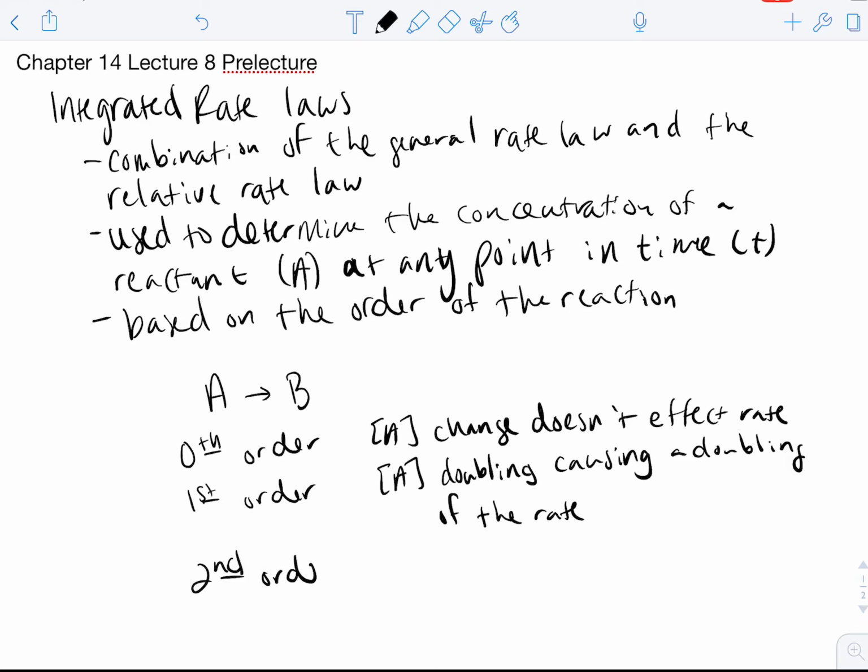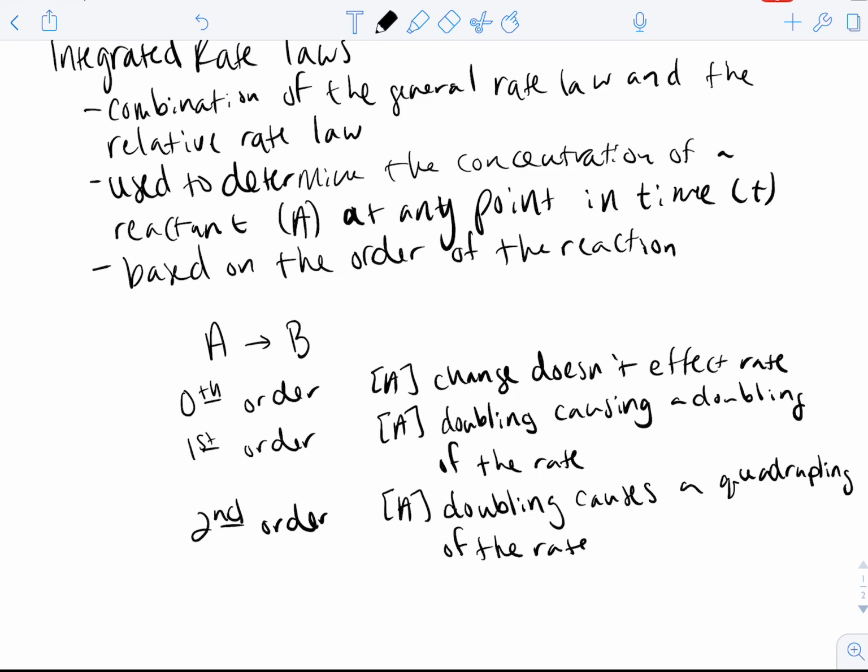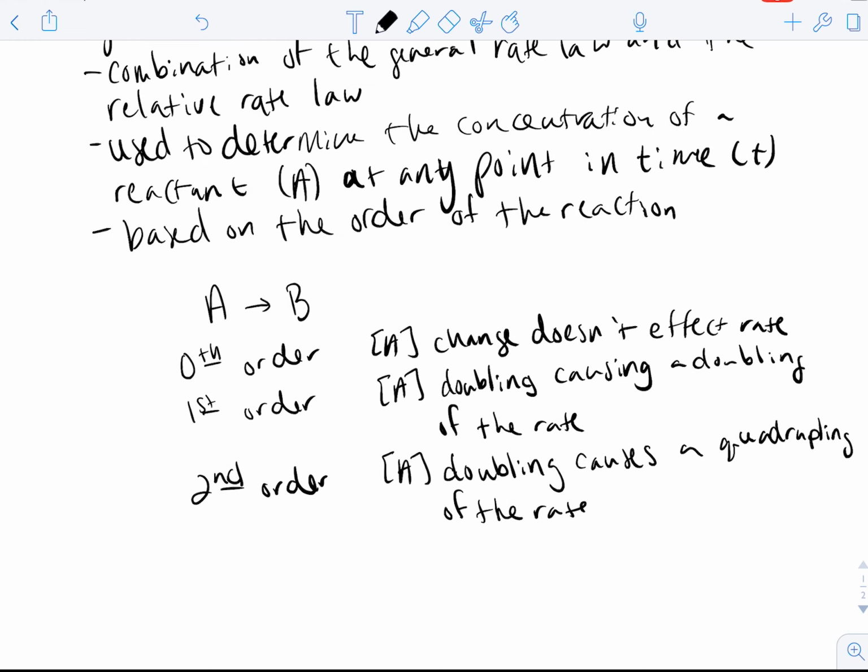We are 2nd order reaction overall and 2nd order with respects to A, where A doubling causes a quadrupling of the rate. We will not look at 1st order with respects to 2 reactants with our integrated rate law.